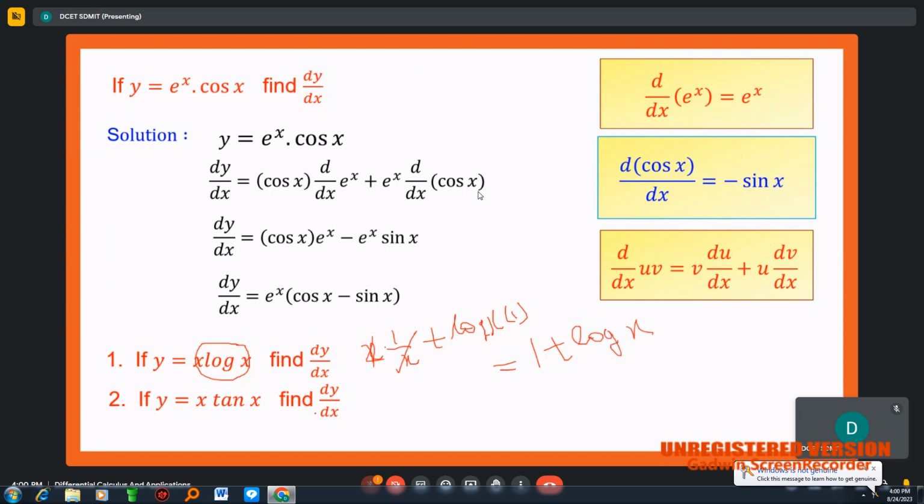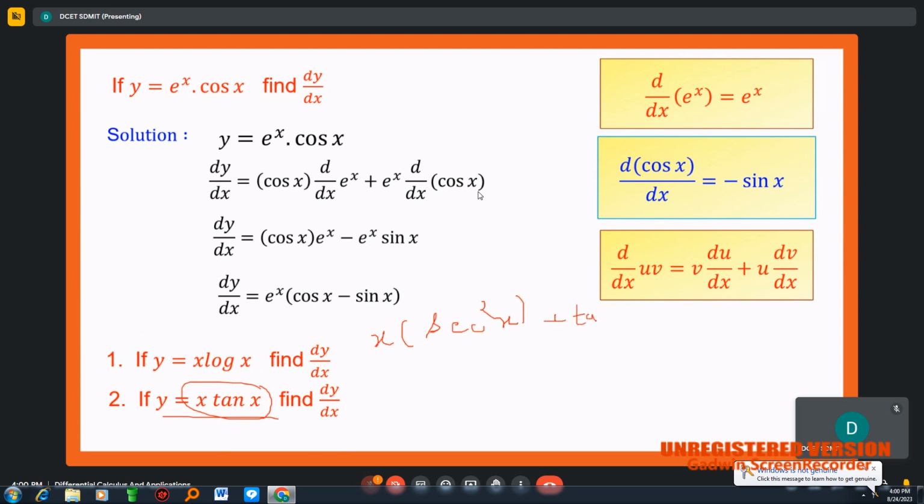Okay. Second problem, what is given? y is equal to x tan x. Again we are applying the product rule. Here x is kept constant. What is the differentiation of tan x? Differentiation of tan x is nothing but secant square x, plus tan x is constant.